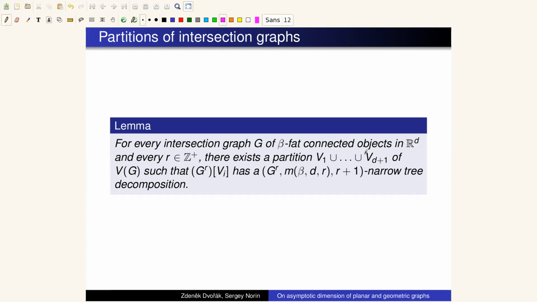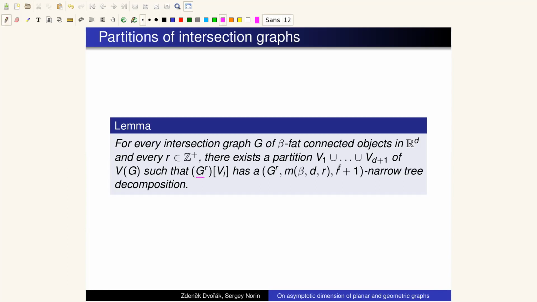It's not a graph of small treewidth, it's something more general. We also need to take these R-th powers of the graph, not just the graph itself. But basically, if you view it like that, each of these parts induces a graph of bounded treewidth, it will give you a good initial intuition.